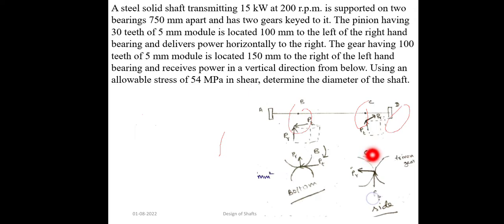Right. Now let me go to the given data. So what is given? They gave one more data, an allowable shear stress of 54 megapascal. Let me write the given data first. Power is 15 kilowatt. Speed is 200 rpm.